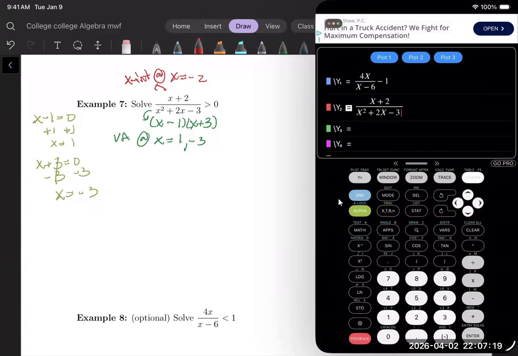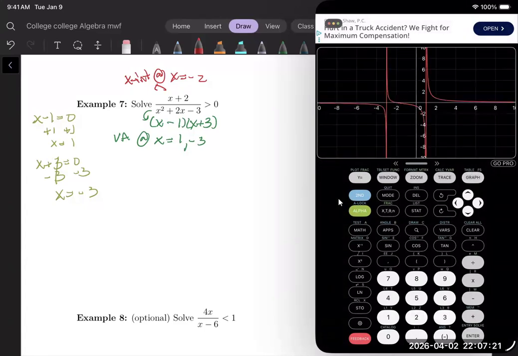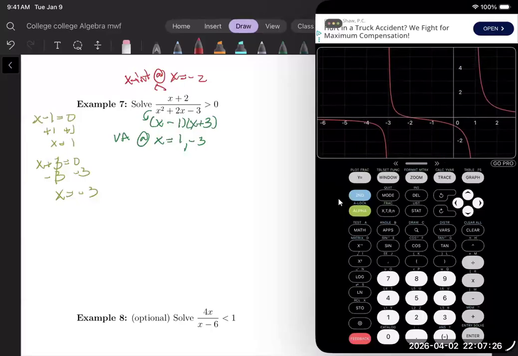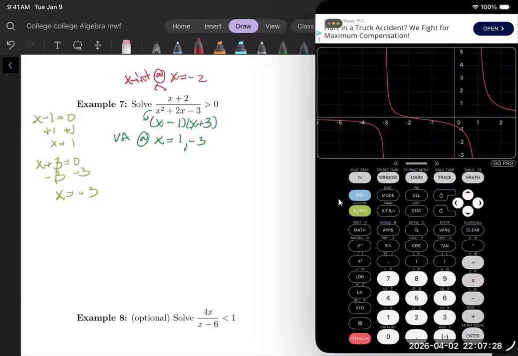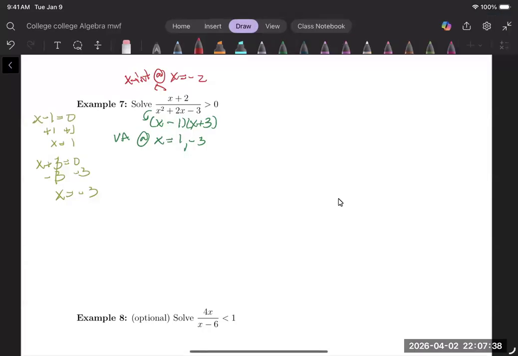Okay, so graph. Ooh, that's so pretty. So there we go. We have our vertical asymptote at -3, vertical asymptote at 1, and that x-intercept at -2. So now I'm just going to sketch the graph for your viewing pleasure.